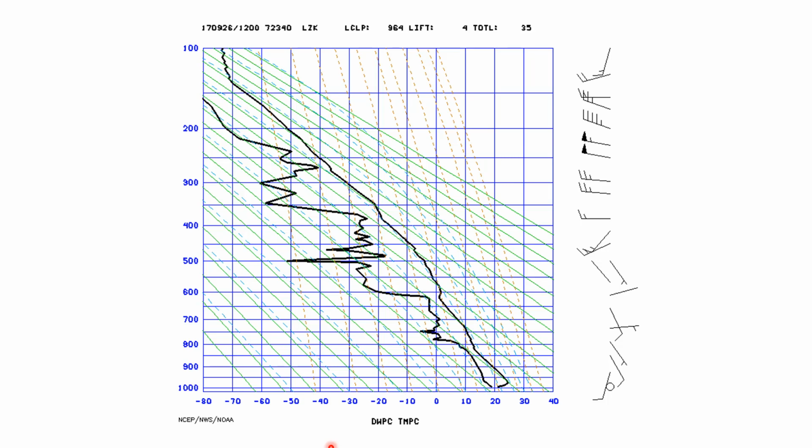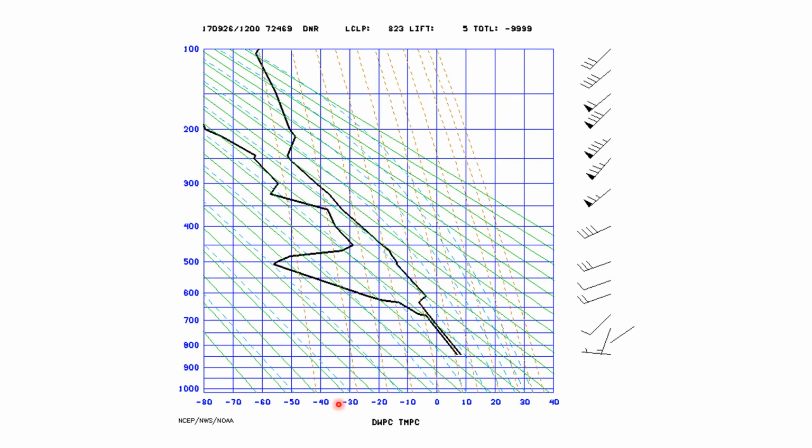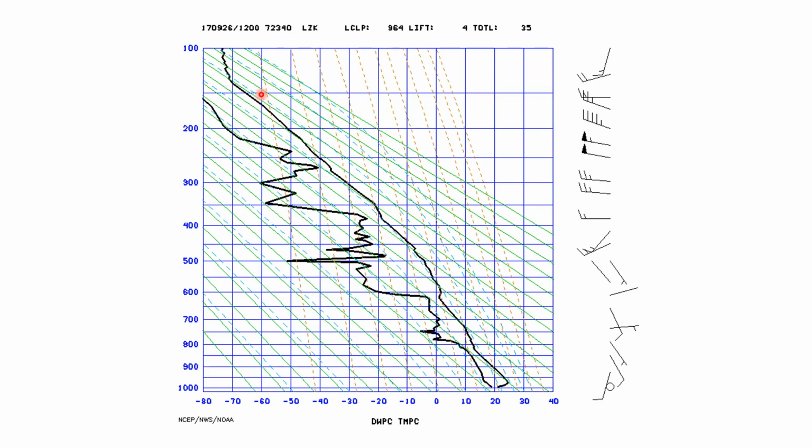Here's what I mean, without giving away answers. I'm going to look up here at 150 millibars, which is actually outside of the range. Denver's temperature at 150 millibars is right around negative 55 degrees Celsius, and Little Rock's is around negative 65 degrees Celsius.